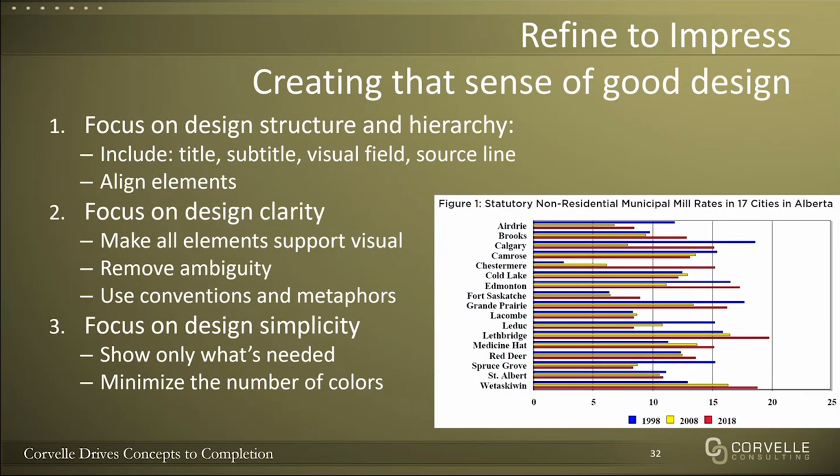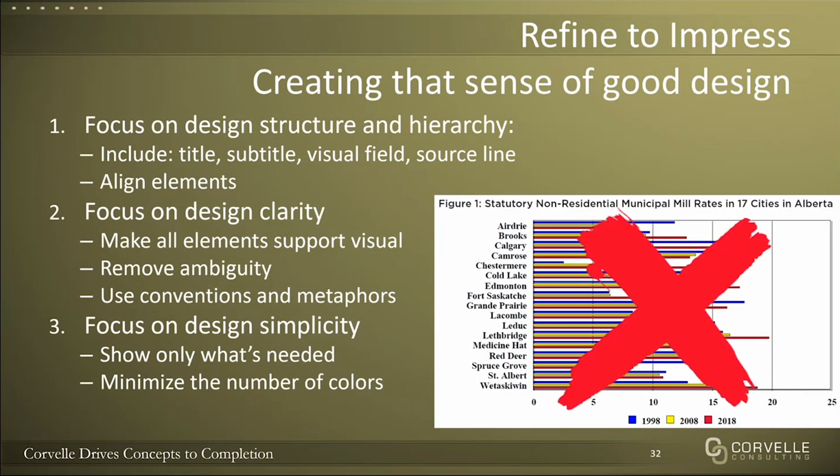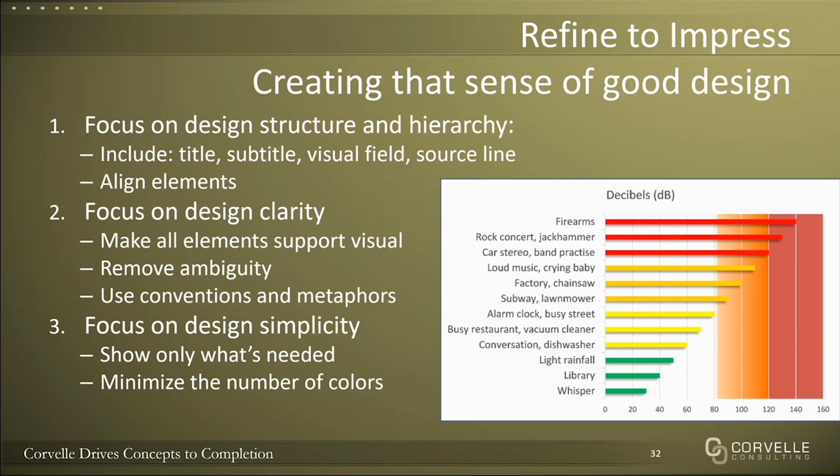And then we want to focus on design simplicity, show only what's needed, minimize the number of colors. And you can see how this decibel chart is much smoother and clearer than the previous ones.